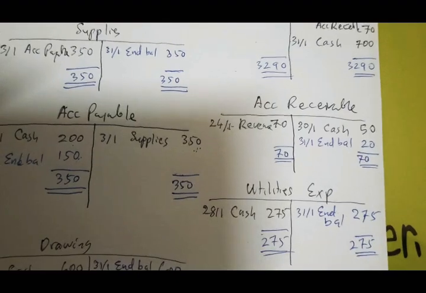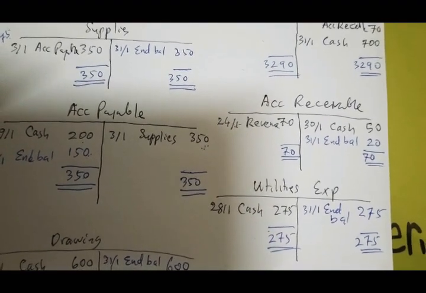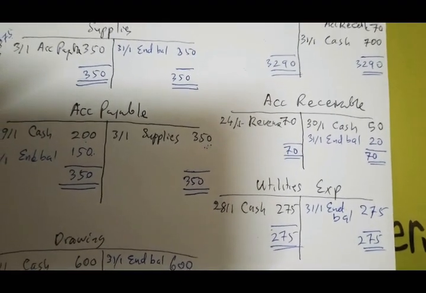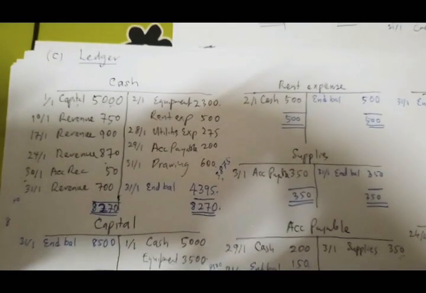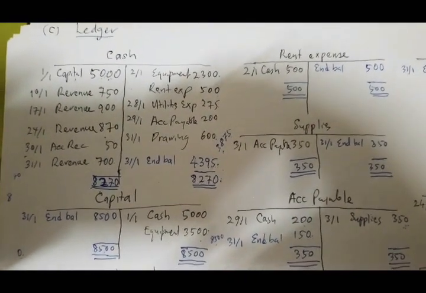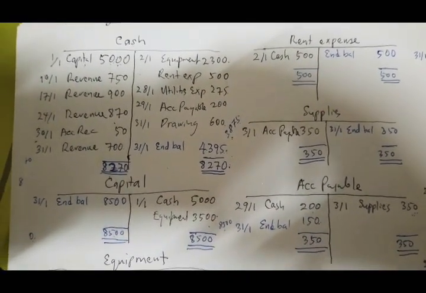Okay, this is the way to do the ledger. So I will show again. The process is you have to transfer all the journal entries into the ledger.